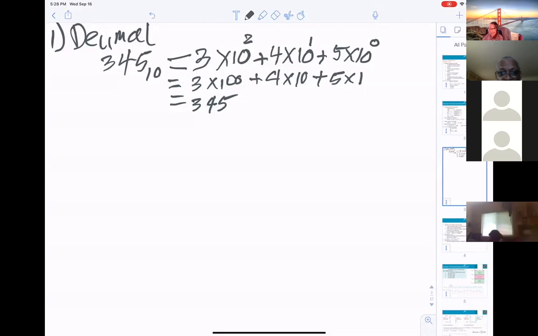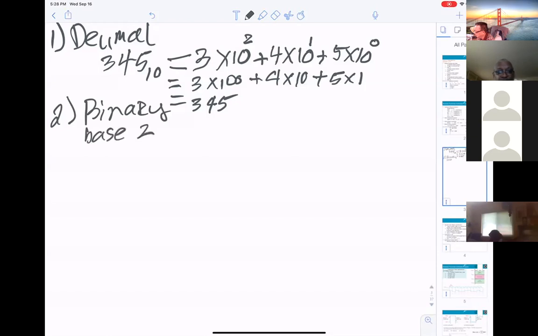And then we can go to number 2, that's the key point, binary. They say base 2. They can get only either 0 or 1, only 2 digits, so that's why the base is 2.